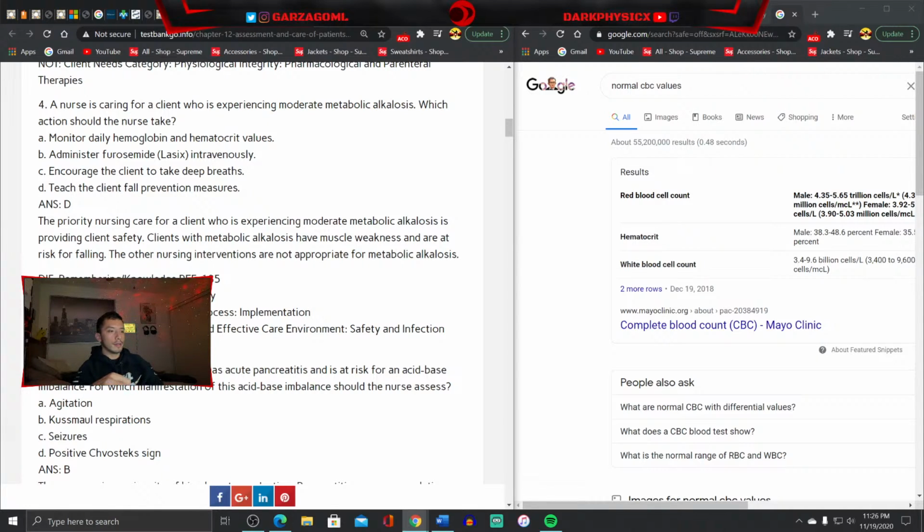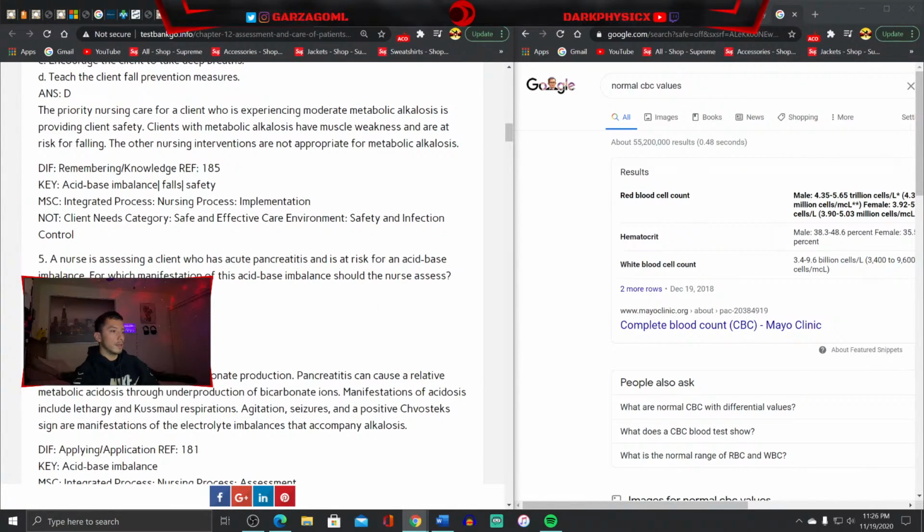Since your pancreas isn't working as well, you're not going to be supplying enough bases. Same with kidney disease, pancreatitis, anything damaging those two, you're going to have a decrease in base. So that means your acids are only going to go up, I believe. So then you're going to have Kussmaul respirations to try to compensate for that.